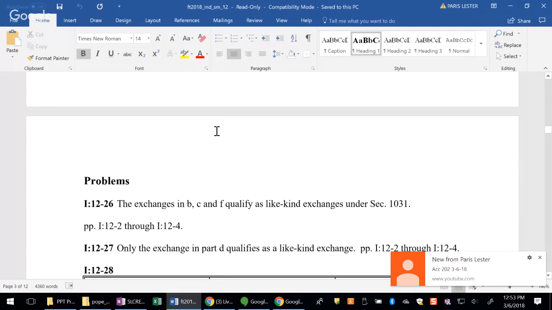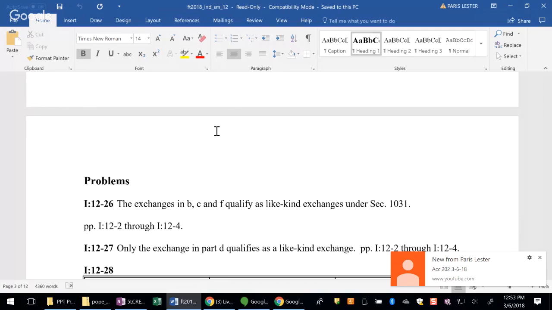Okay, folks, on A part, fair market value of boot received. Didn't receive any boot. Fair market value of equipment received. We're giving up 20 for 85. Austin, how much of a realized gain do we have? 65.